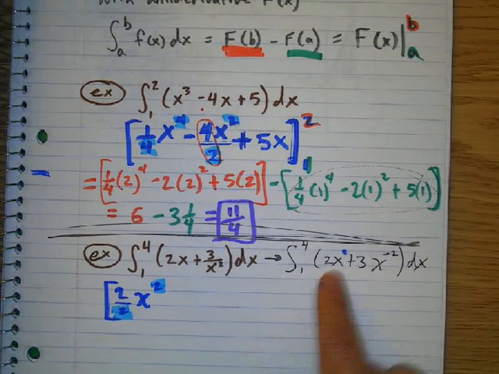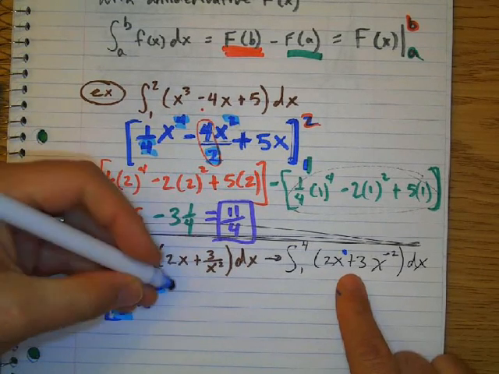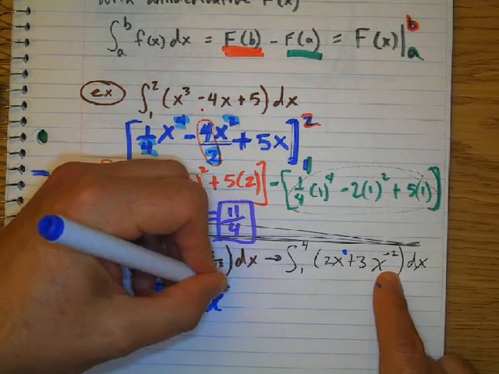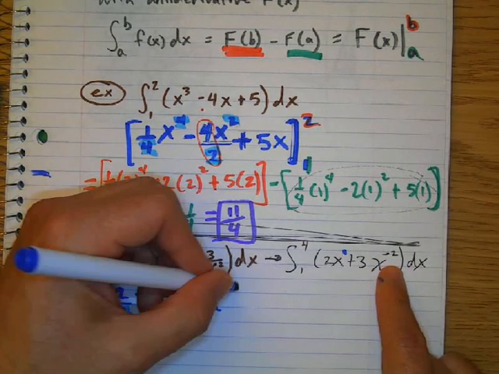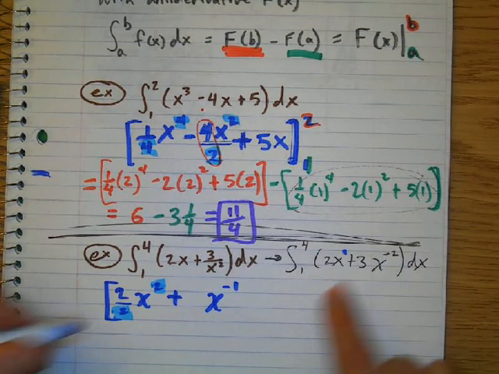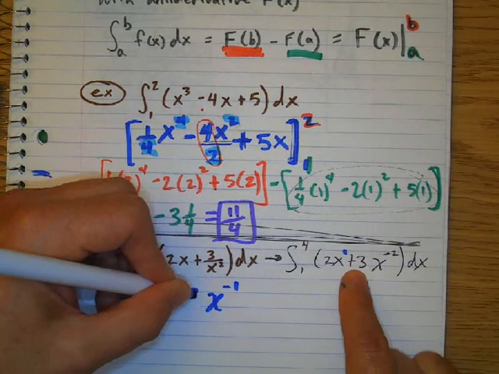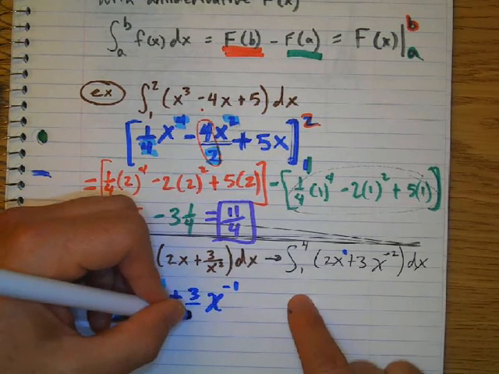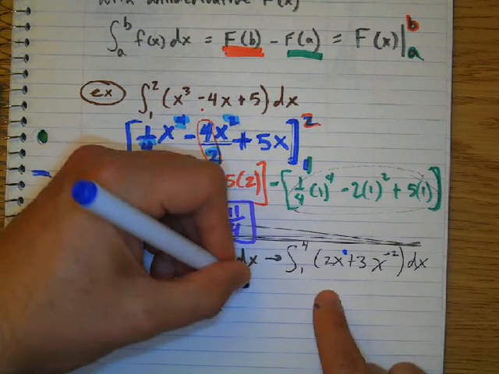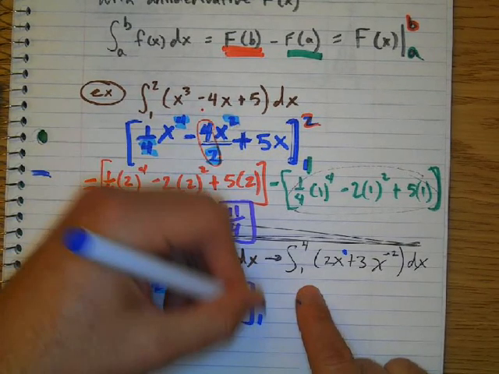And then plus, this power increases by 1, so we have x to the negative 1 power, and then 3, and then divided by negative 1. And that's it, and then it's from 1 to 4.